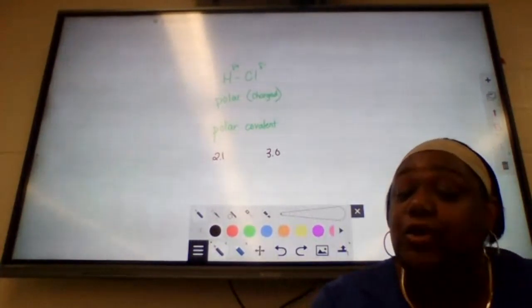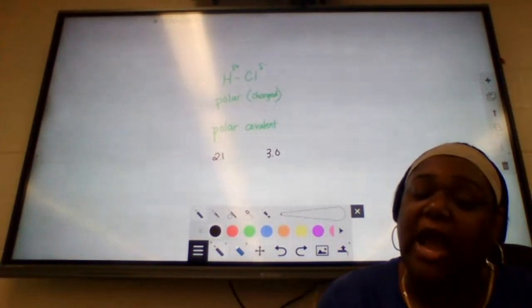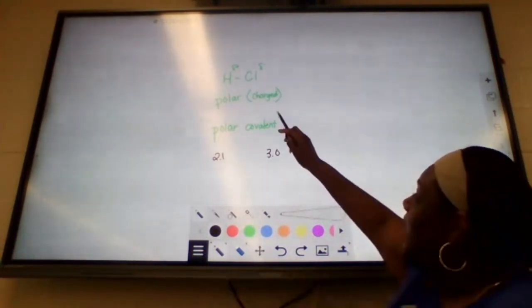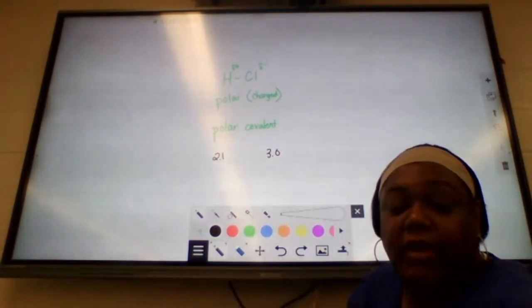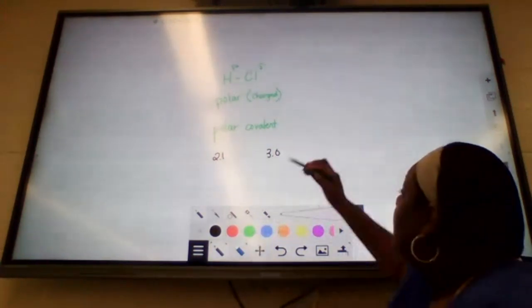And so we actually can use the electronegativity difference to tell what kind of bonds we have. So when we have a compound that's made up of two elements, to find the electronegativity difference, all we do is just subtract the electronegativities.